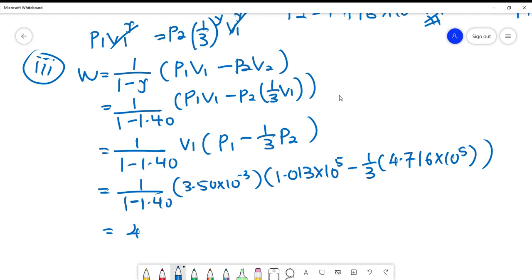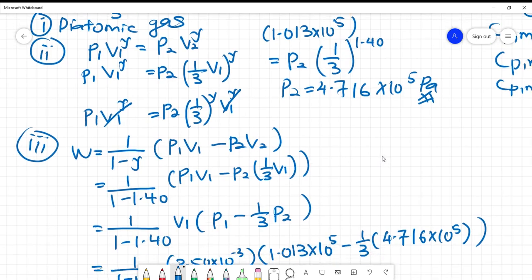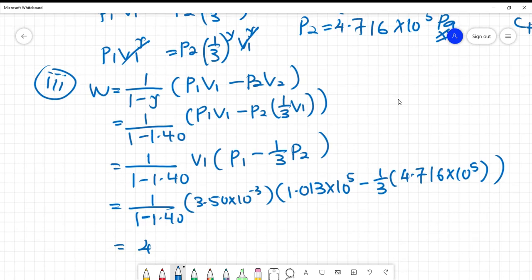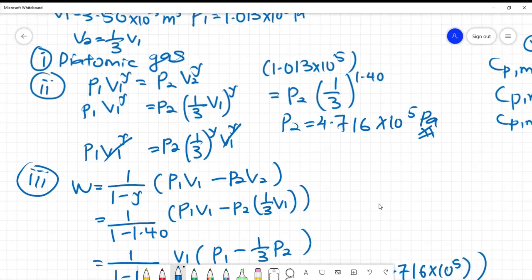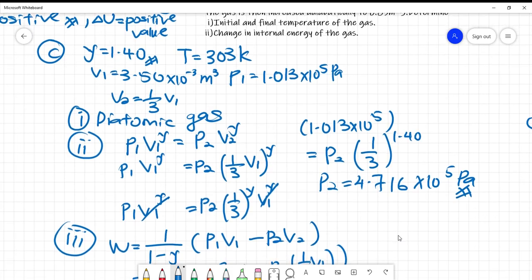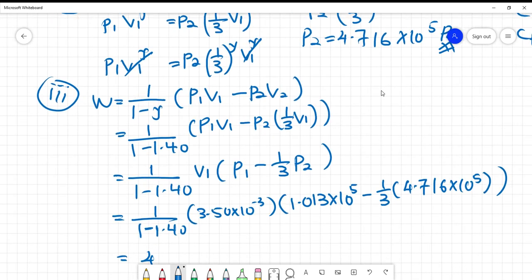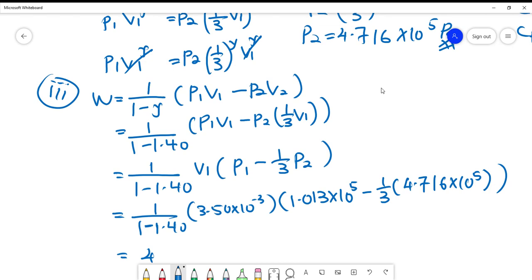Okay, so there's a mistake here. The work done is supposed to be negative. I wonder where the mistake is here.